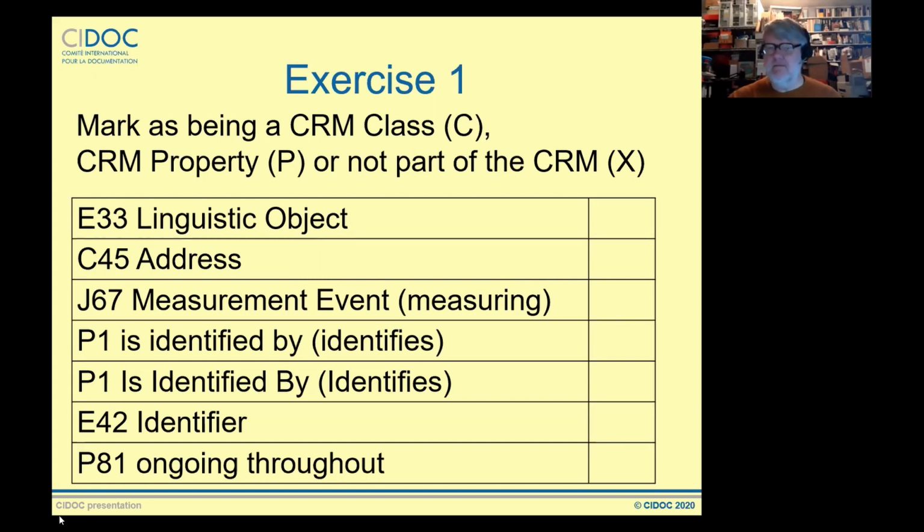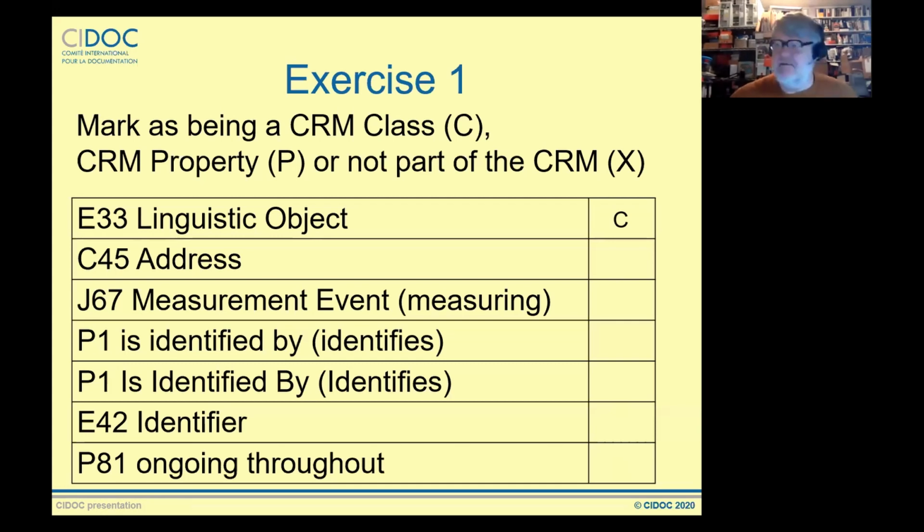Yeah, there's a lot of people putting C in. So let's see if, yeah, there you go. It's C. Yeah, it's a class. It has that classic structure of a capital E, a number, and then multiple words each starting with a capital letter. So that's the proper way of naming a CRM class.